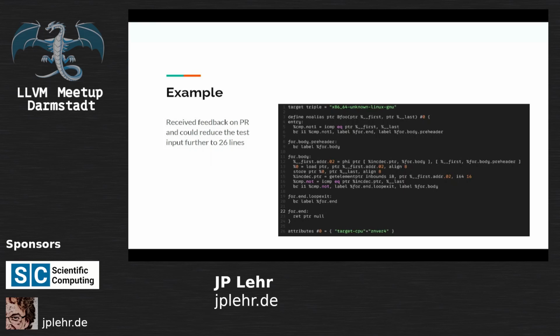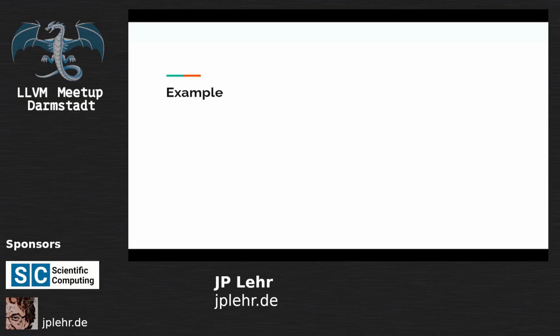And as you can see, I got rid of most of the attributes and comments, and I only left in the target CPU znver4 here. I think that could also go away, but anyway. Yeah. Okay, but this still doesn't check anything, right? That still would just trigger the assert. Okay.